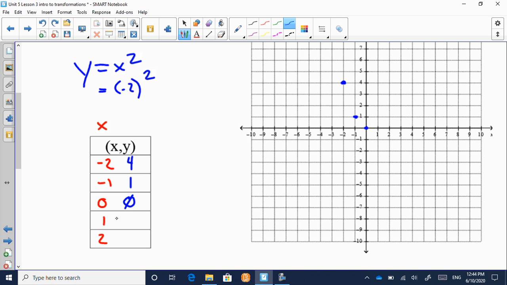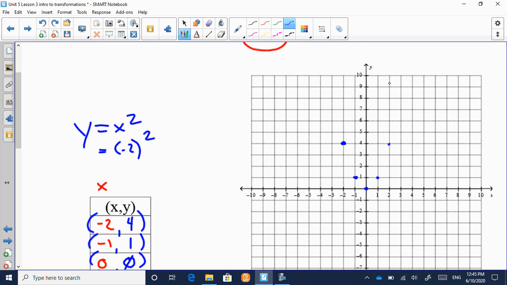And then 1, if I put a 1 in there and squared it, it would still be 1. So 1 and 1. And then finally, if I put a 2 in there and squared it, 2 squared becomes 4. So these are the points of your bread and butter parabola right there. And so 2 and 4. Okay, so there it is.